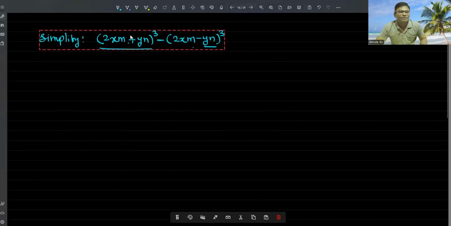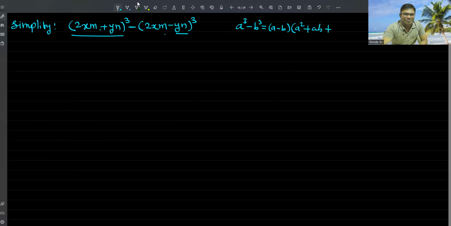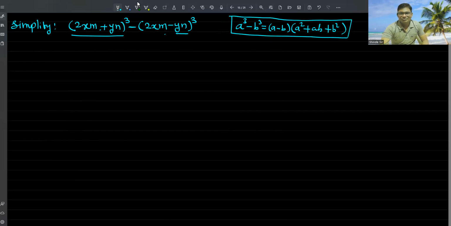So for that, I'm going to copy the same problem, simplify, and this time I'm going to use the identity of a cube minus b cube, which is equal to a minus b in another bracket a square plus ab plus b square.